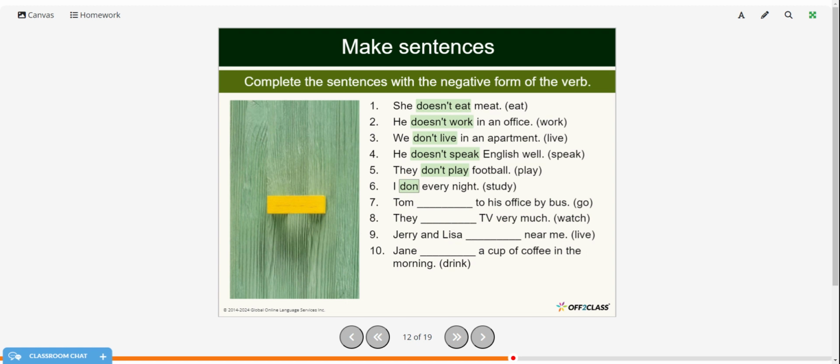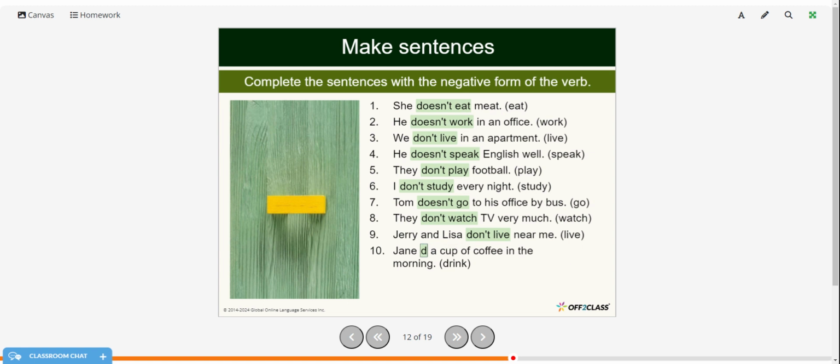I don't study every night. Tom doesn't go to his office by bus. They don't watch TV very much. Jerry and Lisa don't live near me. And Jane doesn't drink a cup of coffee in the morning.